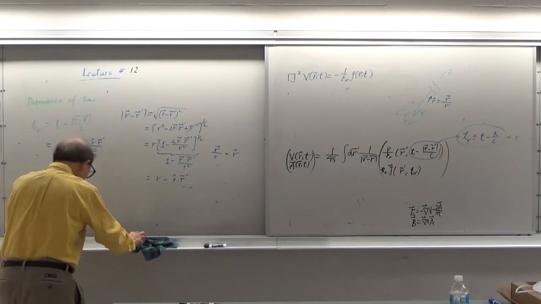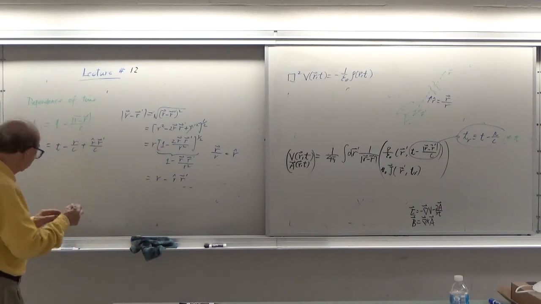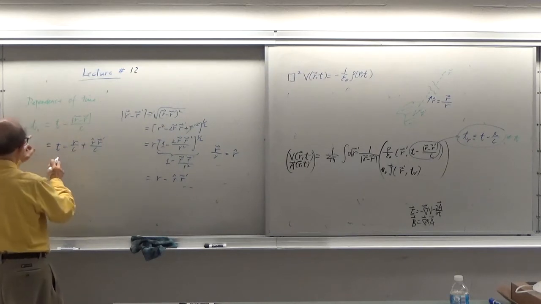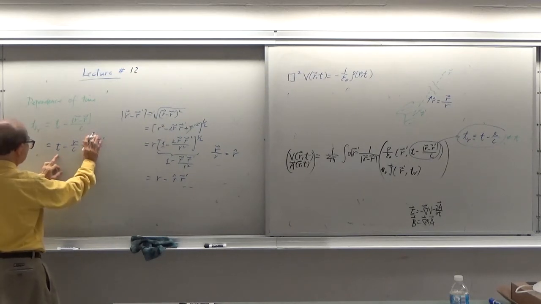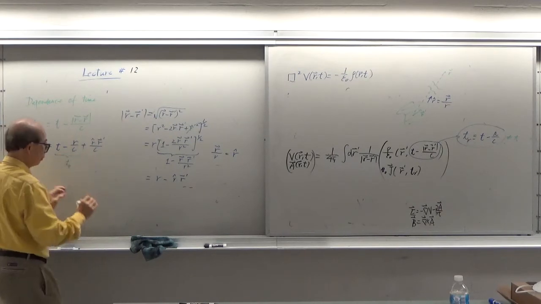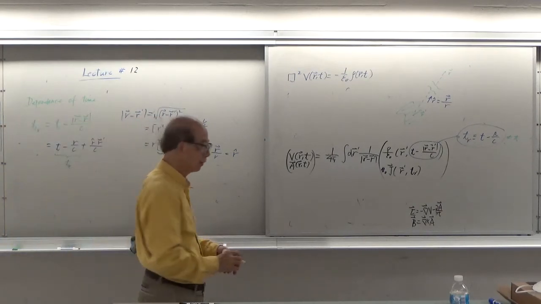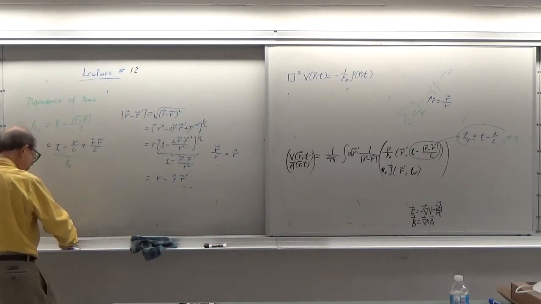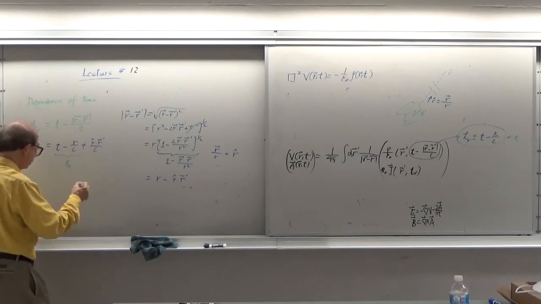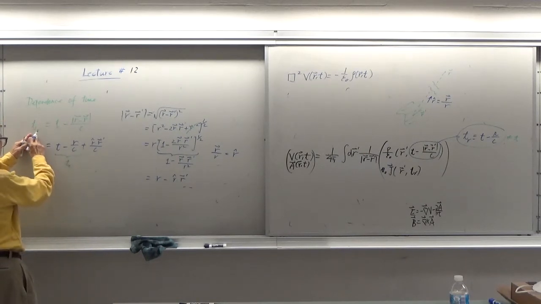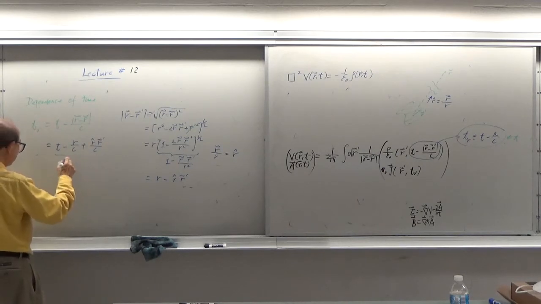And later on, just for your information, I'm not going to use this yet. Later on, we will drop this term and approximate the retarded time by just T minus R over C, and I will call this T sub E, which stands for time of emission. But I'm not going to do it now. So you will know that TE is almost equal to retarded time after this point.